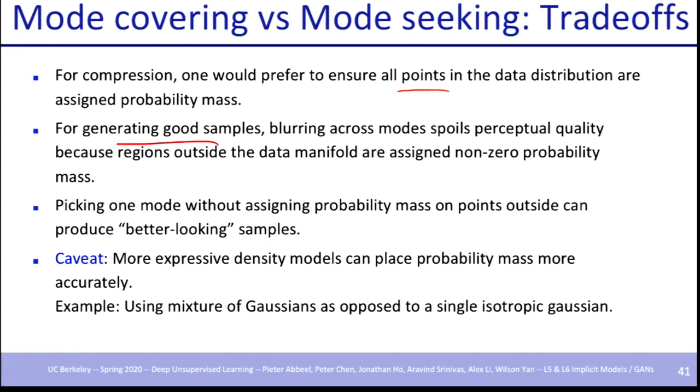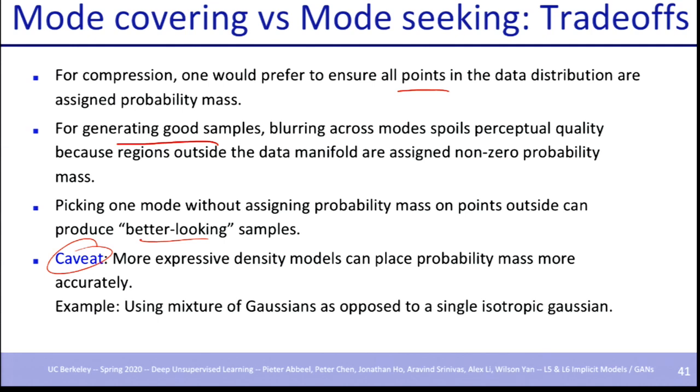For generating good samples, blurring across modes actually spoils the quality of your samples, because as you start leaking between two modes, the things in between are not going to look very good. And by covering the space in between, you get not so good looking samples. Picking one mode without assigning probability mass on points outside can just give better looking samples.